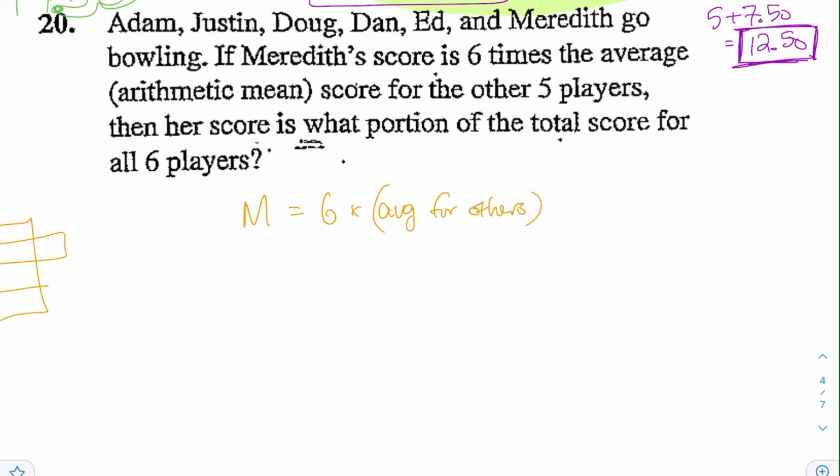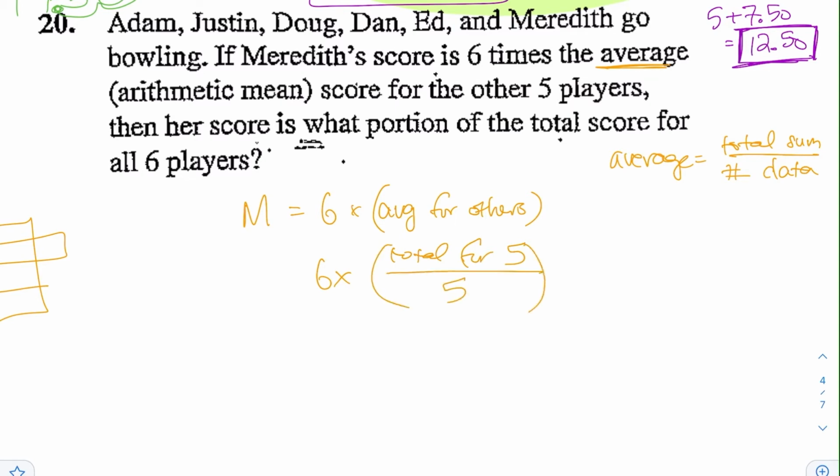And the key here is, of course, average. Average means the total sum divided by the number of data. So in this case, the average for the others would be the total for 5 of them divided by 5. And 6 times that will be equal to Meredith's score.